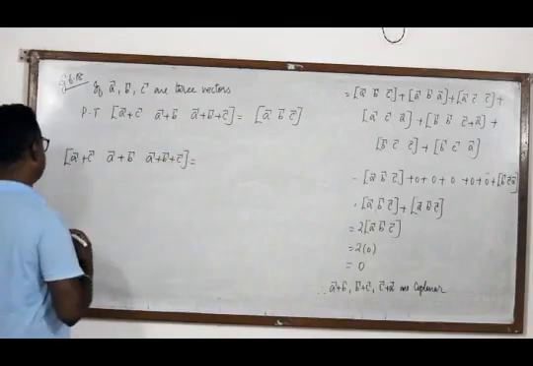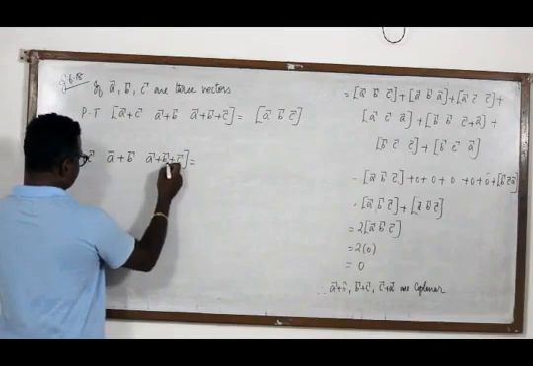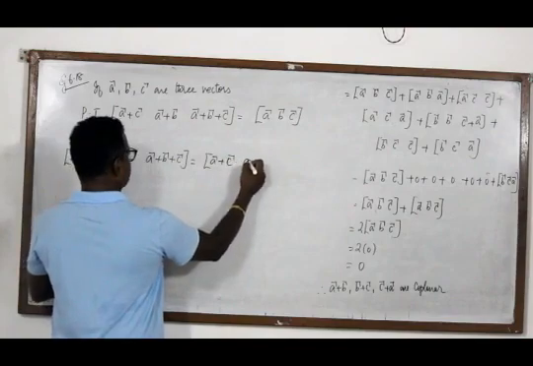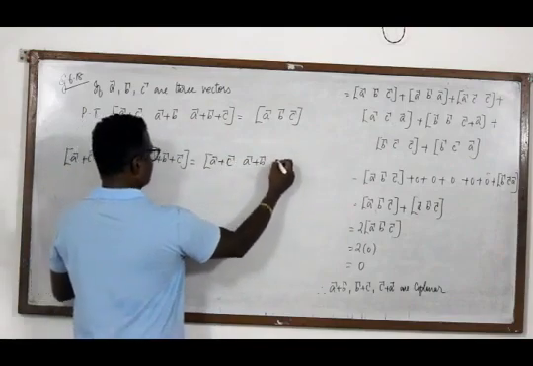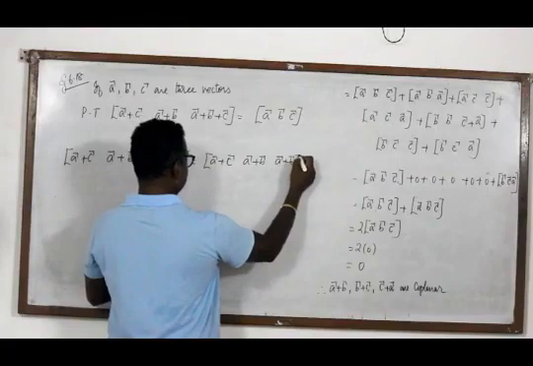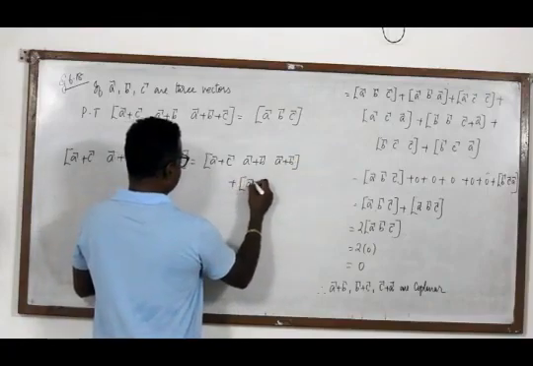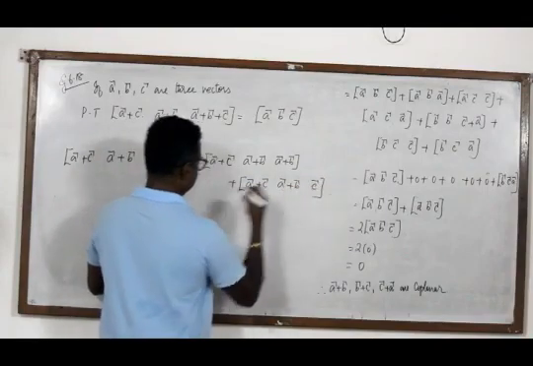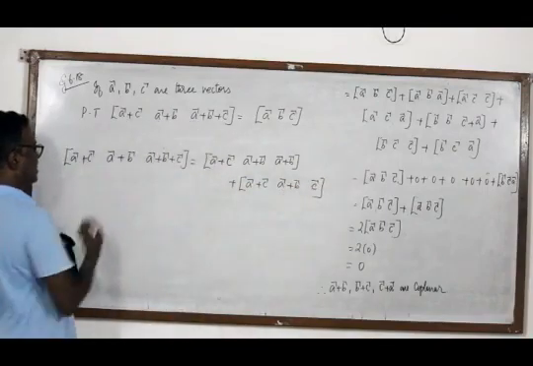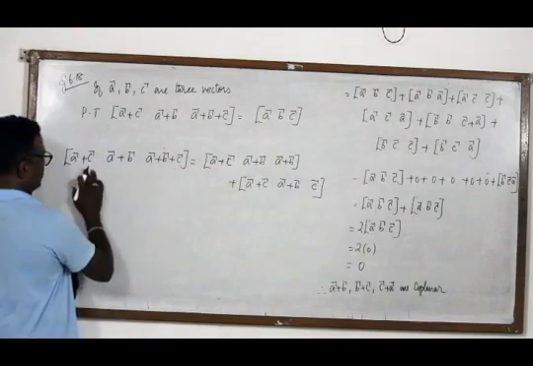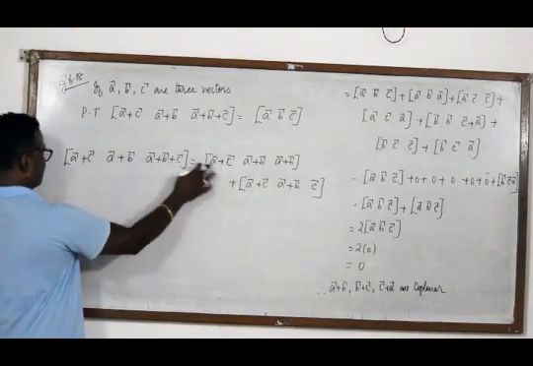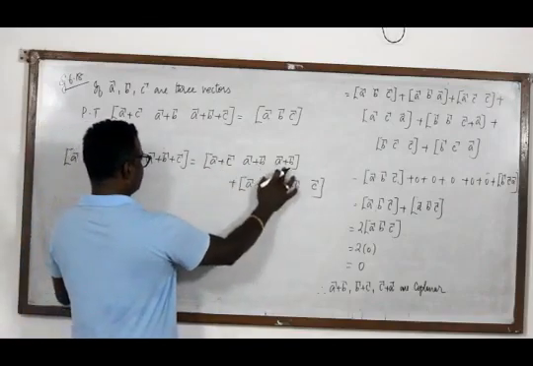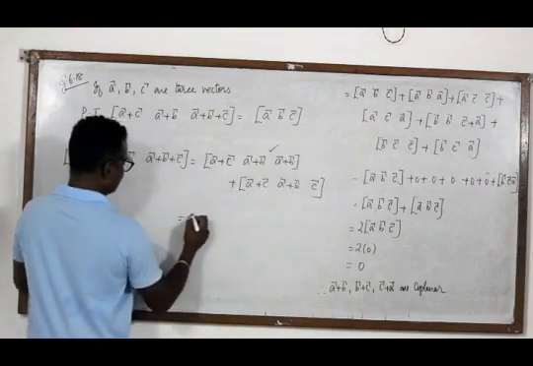Now we shall use the previous method itself. Let me split this one as A plus C, A plus B, A plus B, plus A plus C, A plus B, C. I have taken the last term and used A plus B as one vector. So that one is in the first box product and C is in the second box product. Now see, A plus B is repeated. So this becomes 0.